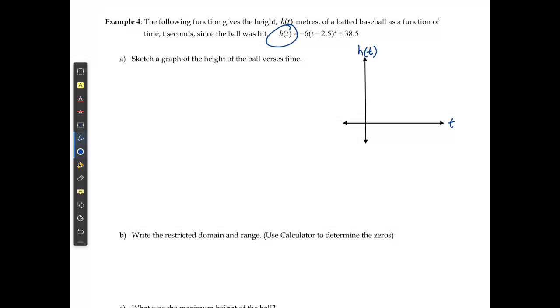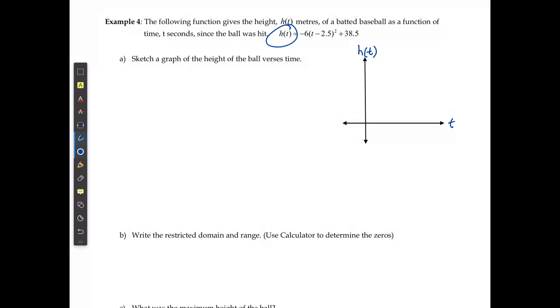I go ahead and I graph this out on my calculator, putting in y is equal to negative 6 bracket x minus 2.5 squared plus 38.5. And then I'm going to graph out what this looks like.